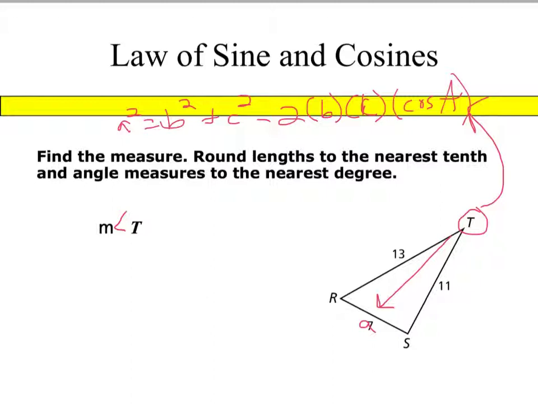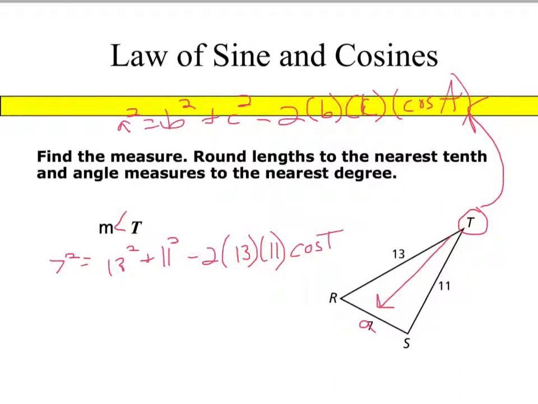So if I look at this, I'm going to plug in what I know. I'm going to take 7 squared is equal to 13 squared plus 11 squared minus 2 times 13 times 11 times the cosine of T. I forgot the cosine of T, because I don't know what T is.